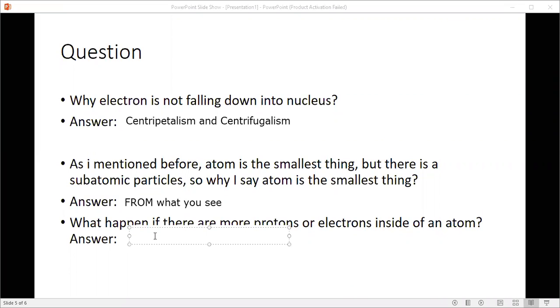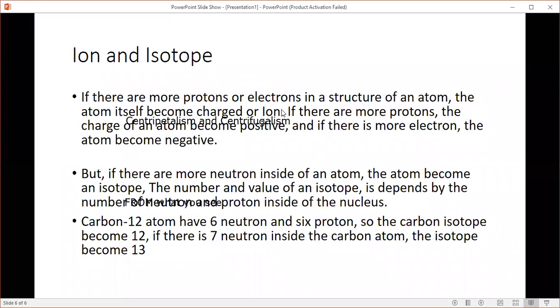Okay. What happens if there are more protons or electrons inside of an atom? Okay, the answer is we will talk about ion and isotope. If there are more protons or electrons in the structure of an atom, like the question before, the atom itself becomes charged, or an ion.